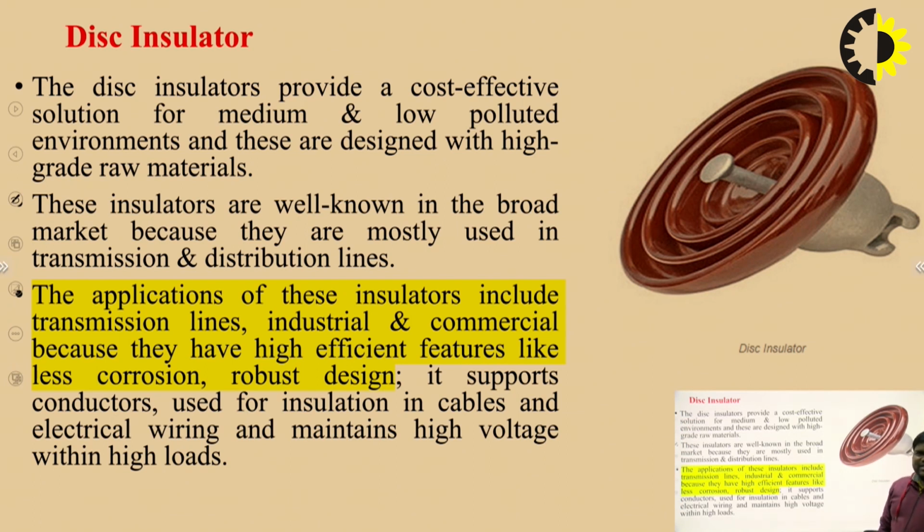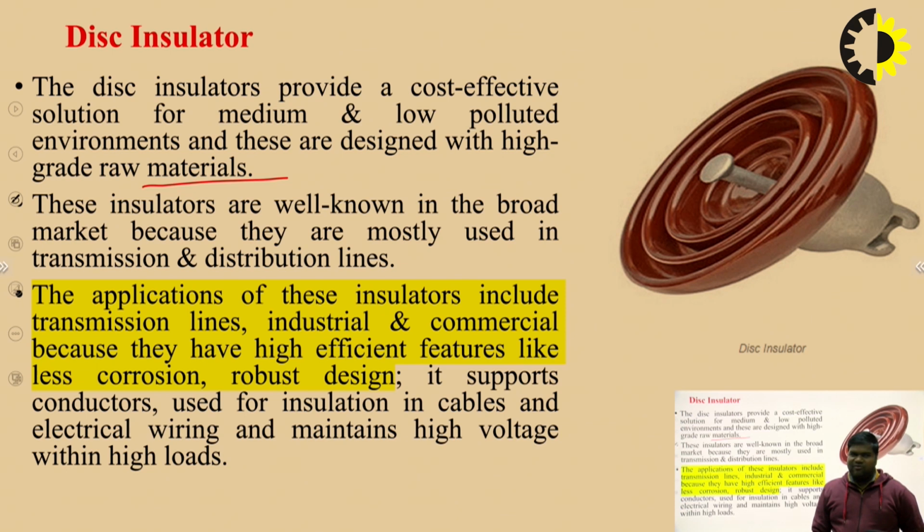The other one is the disc insulator. This insulator is just like a disc, and it is known as a disc insulator. It provides a cost-effective solution for medium and low polluted environments, and these are designed with high grade raw materials. This is the feature of it.